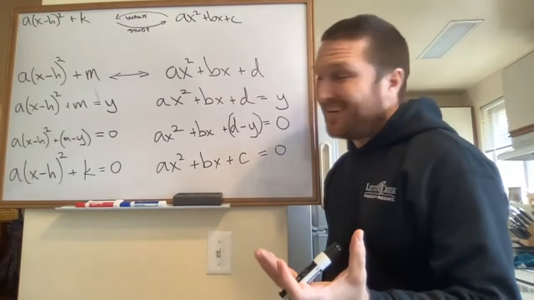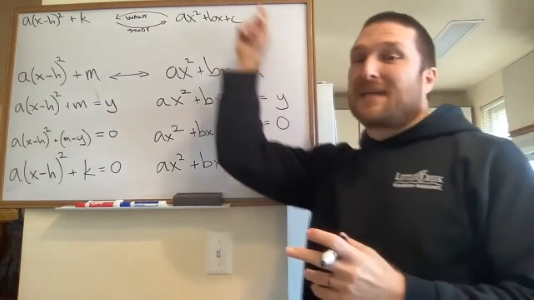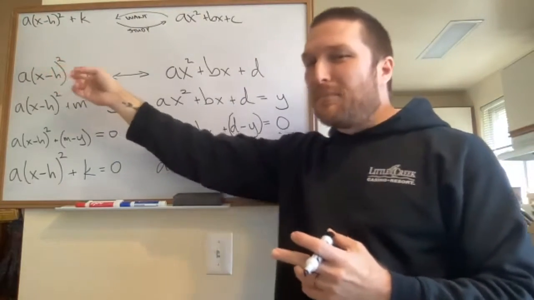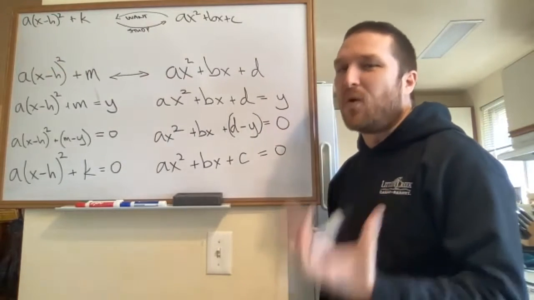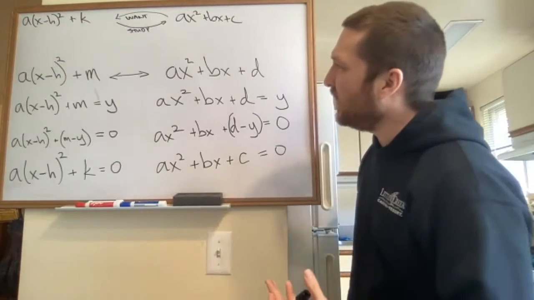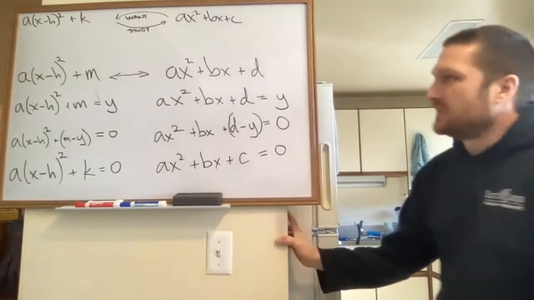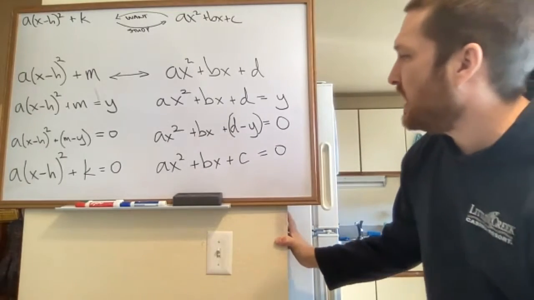That makes sense. If we want to be able to factor a polynomial, we better multiply some polynomials first. Otherwise, we're not going to know what we're doing here. Okay, so let's look at this thing right here.